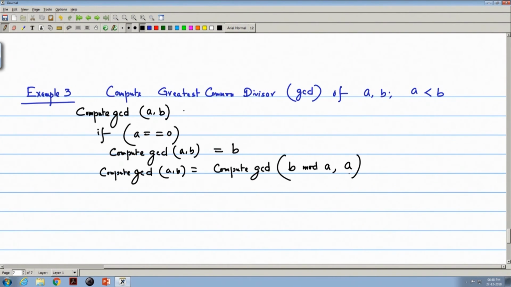So, this is nothing but computing GCD using the Euclidean algorithm.